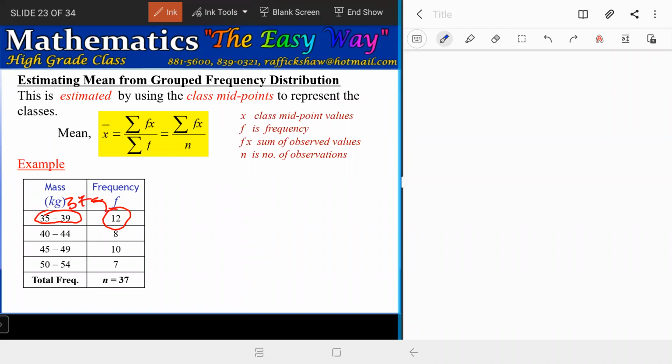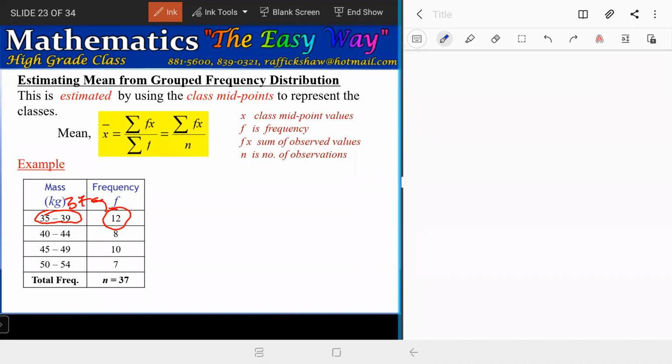But maybe none of them really measure 37. Maybe 2 of them measure 37. You don't know. And that is why we're estimating the mean. That's why the mean that we get is not really the true mean, because it is unlikely that all of them would measure 37.